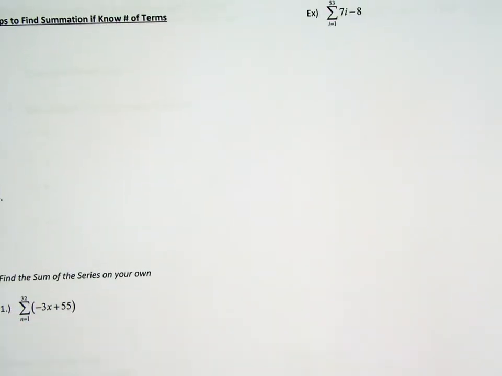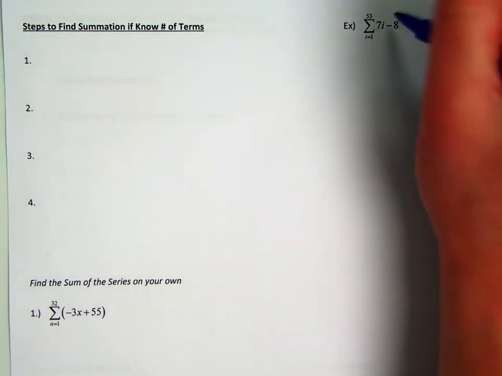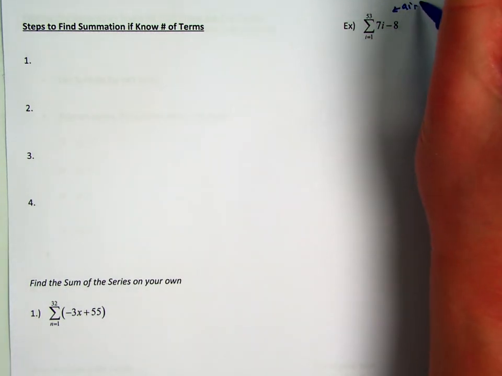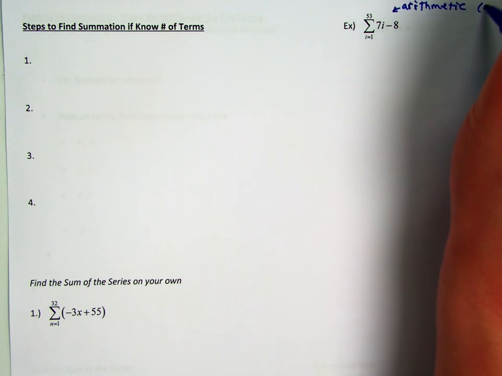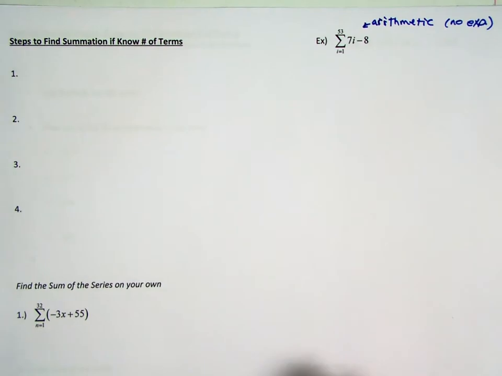So let's actually use that formula to find a summation. So this one, right away, I know that it's arithmetic because there's no exponents. If there's no exponents at all, that tells me we're dealing with an arithmetic, in this case, series, because we're dealing with summations.